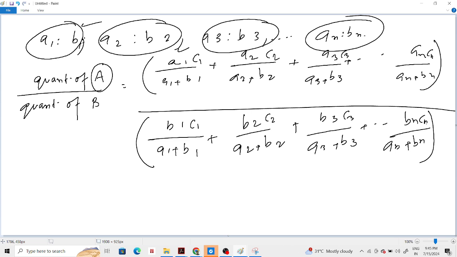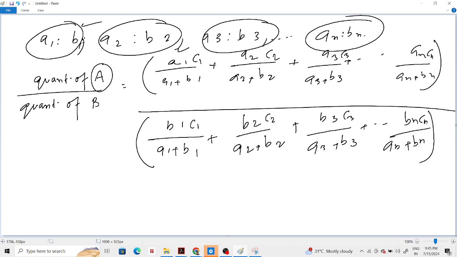Can you repeat the first line of the first theorem? I missed the first line. See, the first theorem didn't have any line before A1 is to B1.